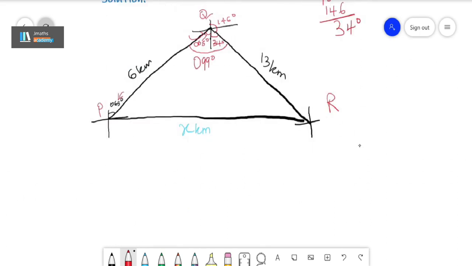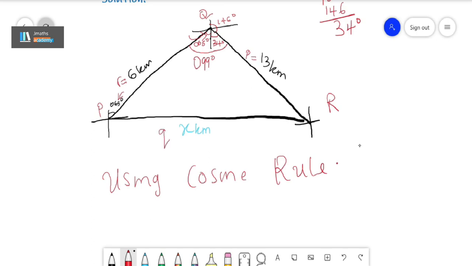So for us to get this distance x, we use the cosine rule. We know that here is a small r, and we know that here is a small p, and we know that here is a small q.